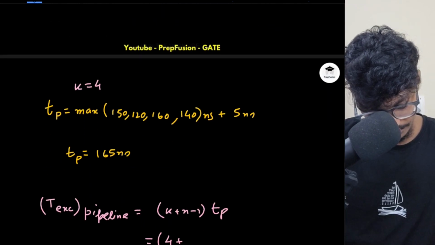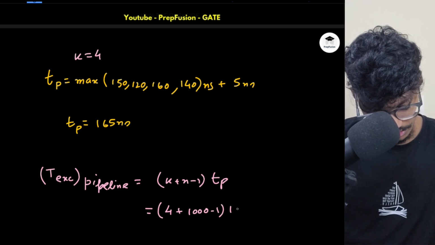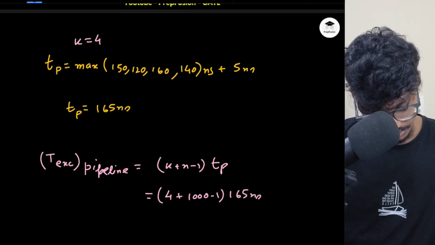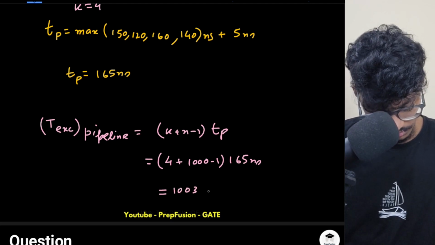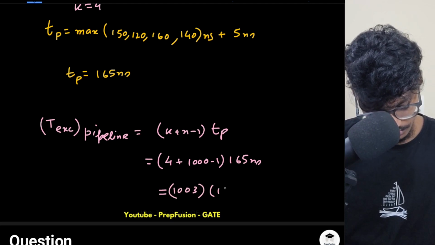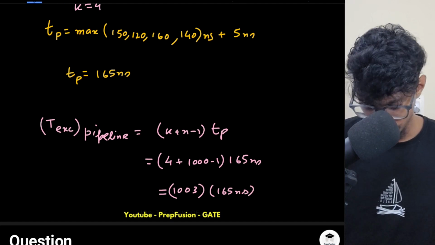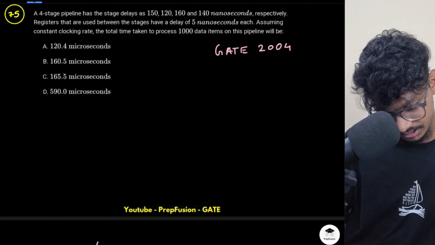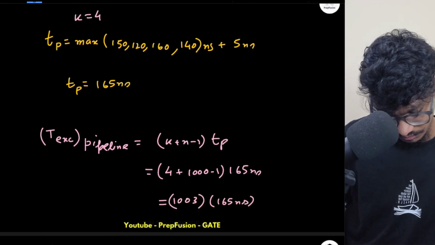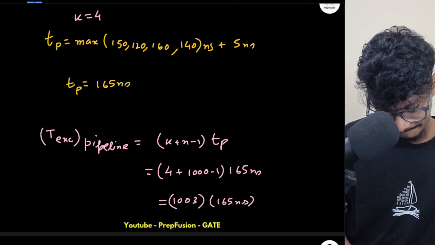It is 1000 data items. 1000 minus 1 into TP. TP is 165 nanoseconds. So this will become 1003 into 165 nanoseconds. I will just quickly compute this. What have they asked? In microseconds, right? So it will be almost equal to 165 micro only.